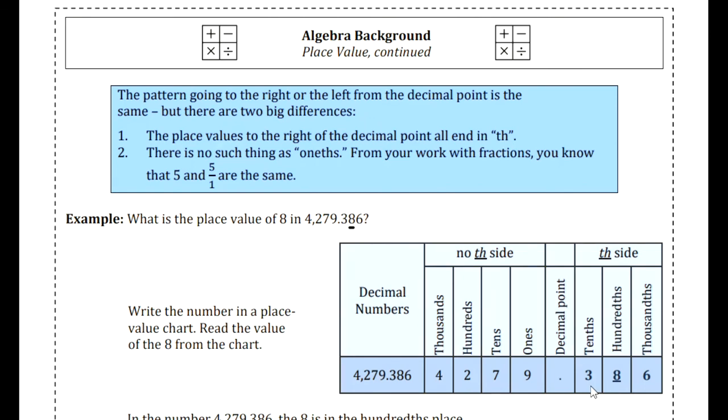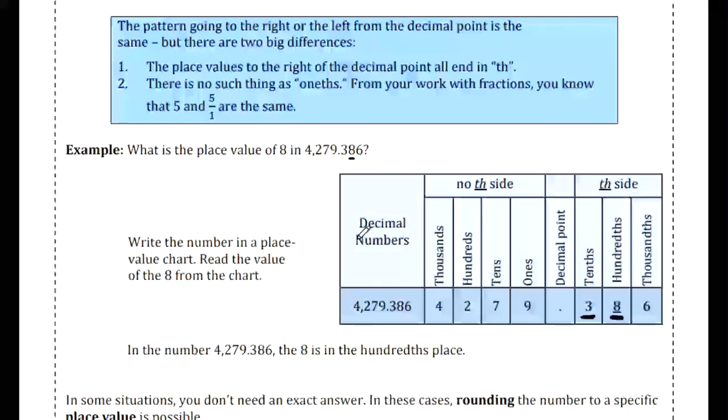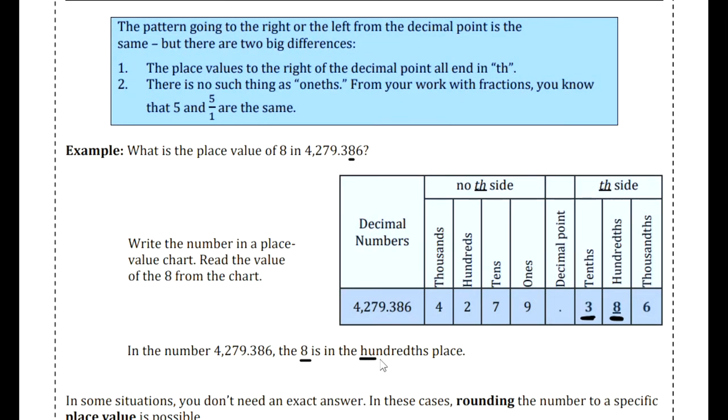The first position is the tenths. The second is the hundredths. So the 8 is in the hundredths place in 4,279.386. So we put the "ths" at the end of the word.